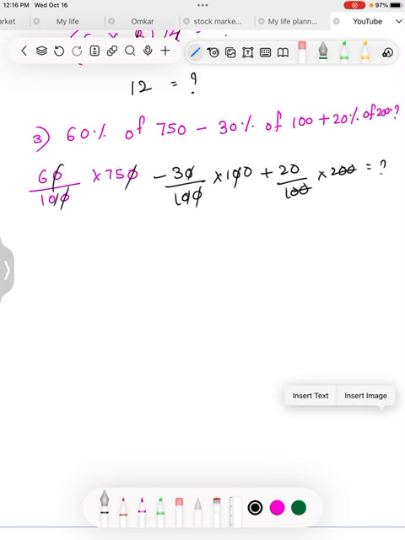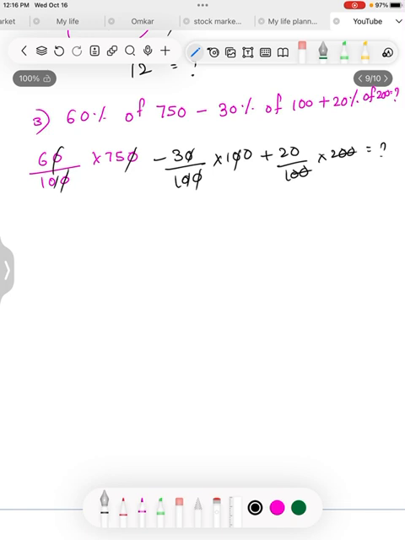Okay. Then here you can see 6 5s are 30, 6 7s are 42, 45. Okay.